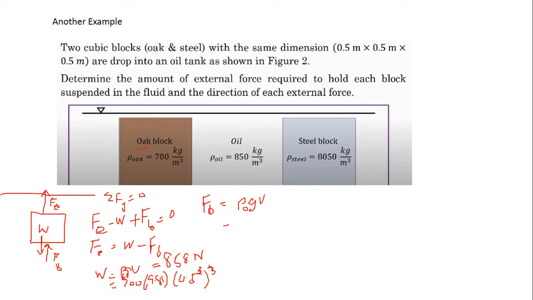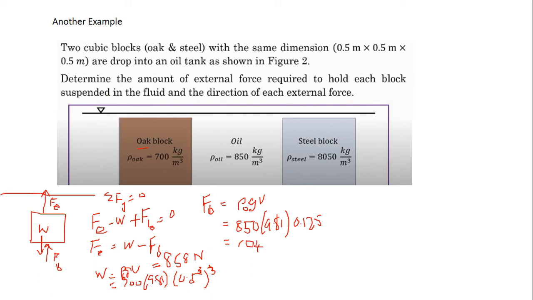Yeah. Okay, so rho oil berapa? 850. Okay, times G, times V. V berapa? V is 0.125. Sama yang ni kan. Okay, 0.125. What's the value for FB then? 1042.31.